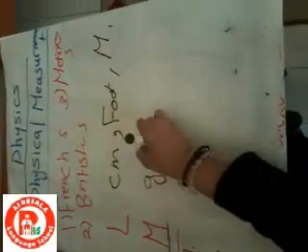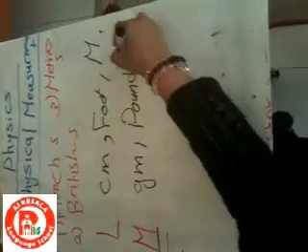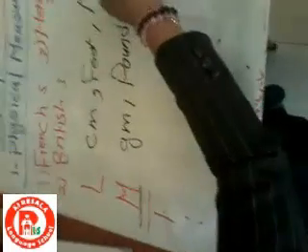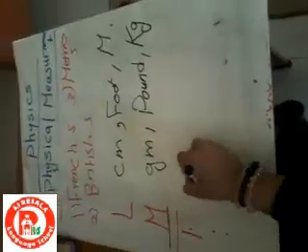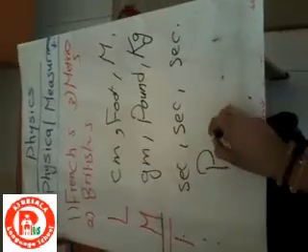In the British, it is a pound. And in the metric system, they measure the mass by kilogram. Time in all systems is a second. You have to study hard this table in your book on page 3. Okay? I concentrate on page 3.